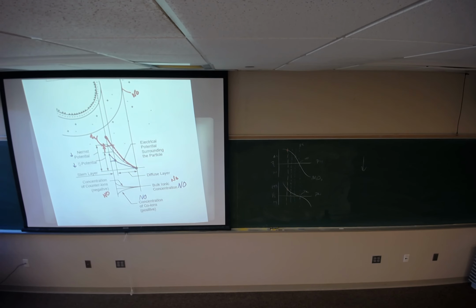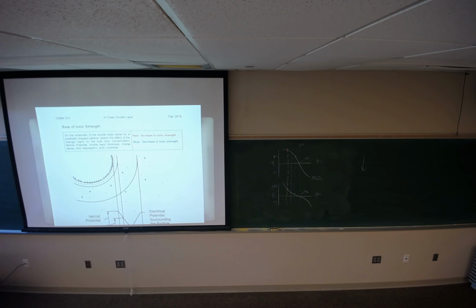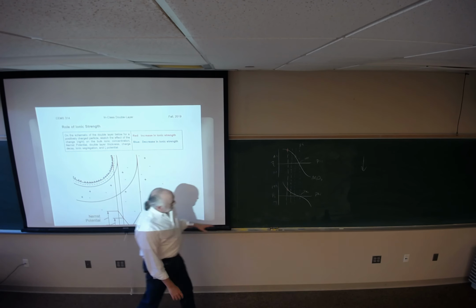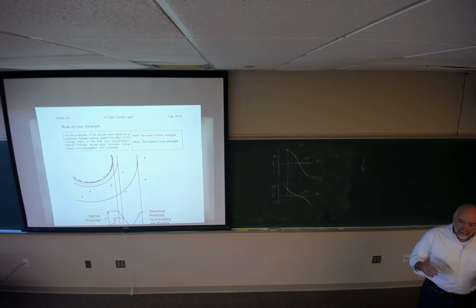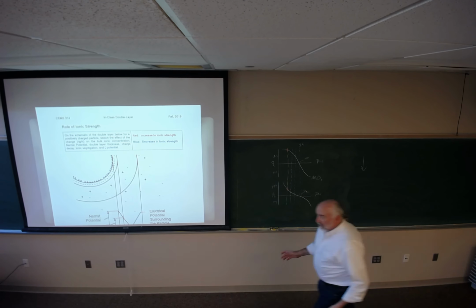So now we're going to flip the page over. Rule of ionic strength. Here's a really good question. You recognize that this plot down here on the bottom, the Nernst potential, is about the reaction of that particle with water.